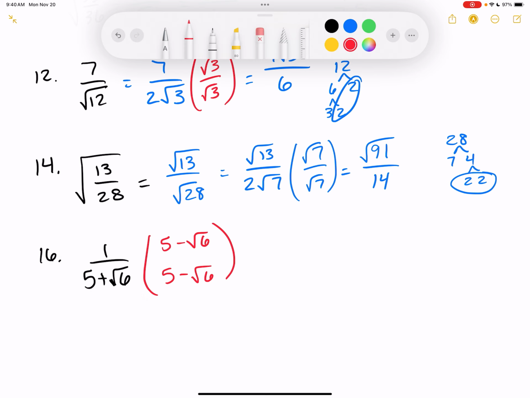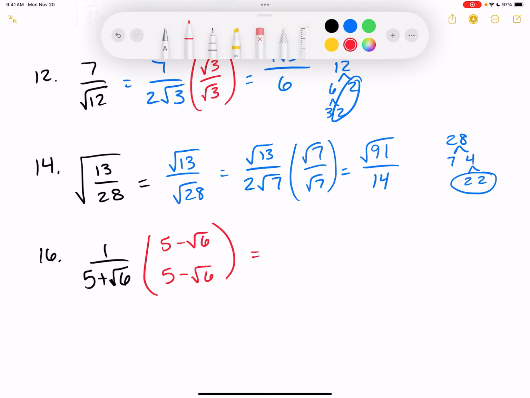It was a special type of factoring, which is what? Difference of squares. Okay? So difference of squares, which means that that middle term that's going to be left with square roots is going to cancel.